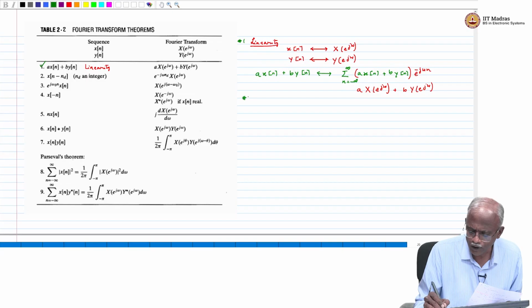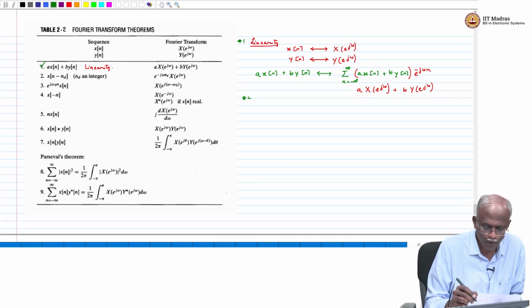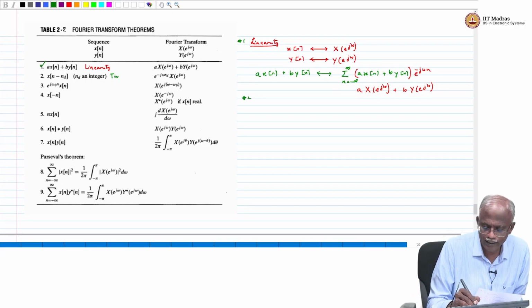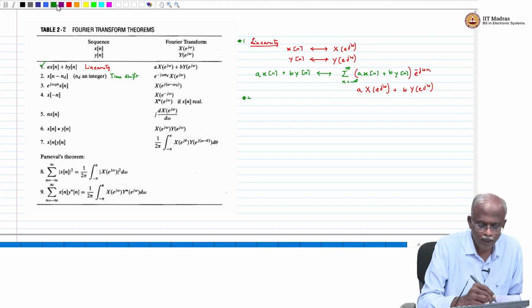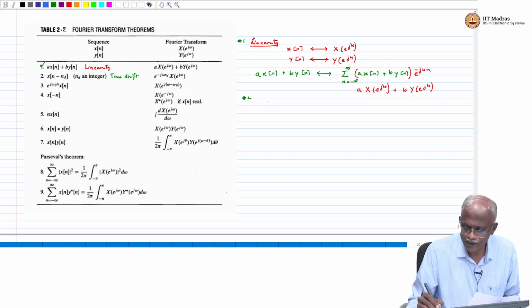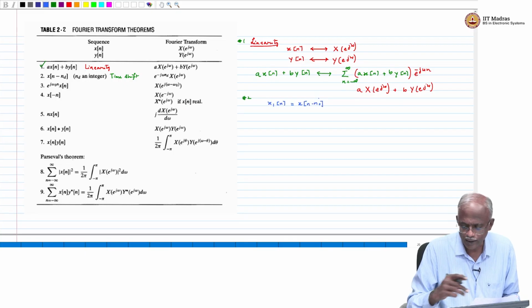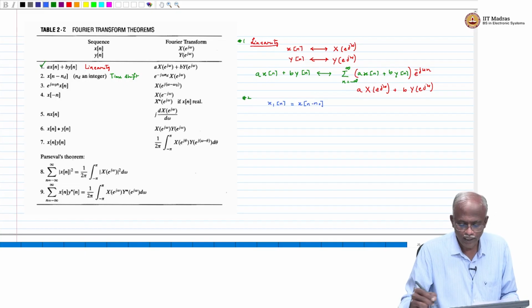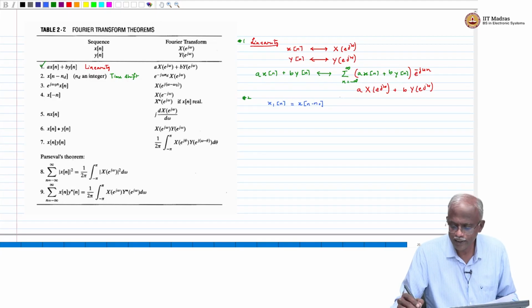Theorem number 2 is the shift property. Basically, this is a time shift. Now, if you have a sequence x1 of n which is equal to x of n minus n naught, a time shifted sequence, how would you define this?